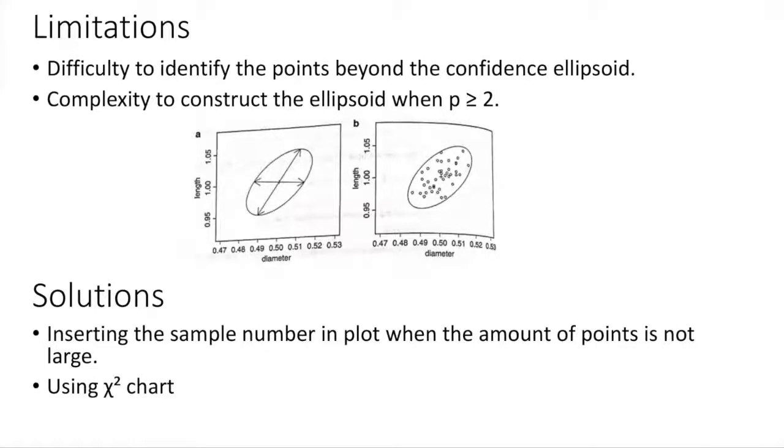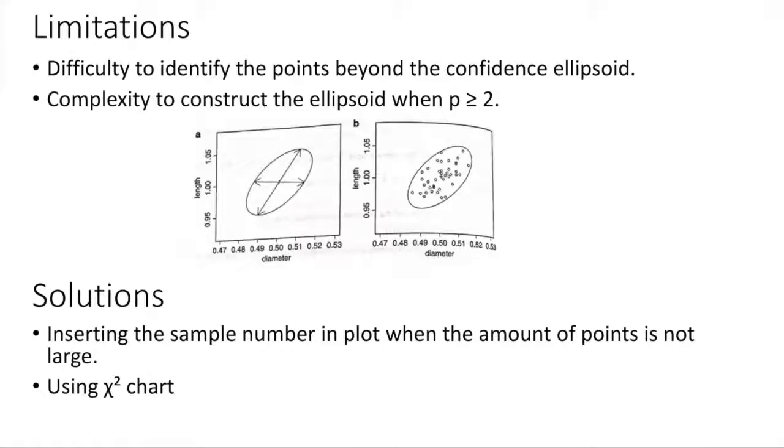For making this chart, we need to do a few things. First, we set the significance level, alpha, which we set to 0.01. Then we find the mean vector and the covariance matrix.